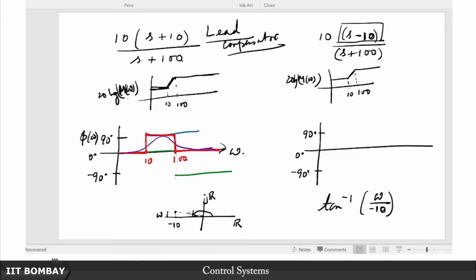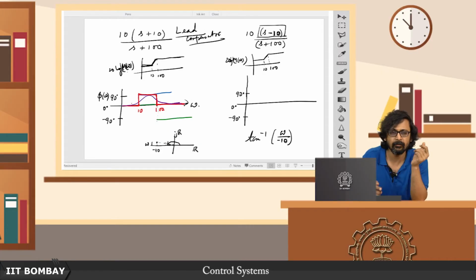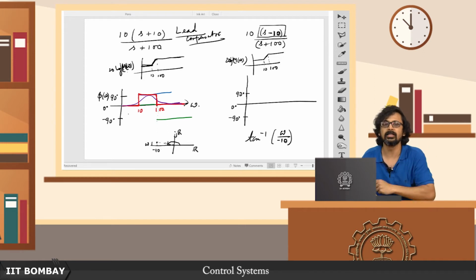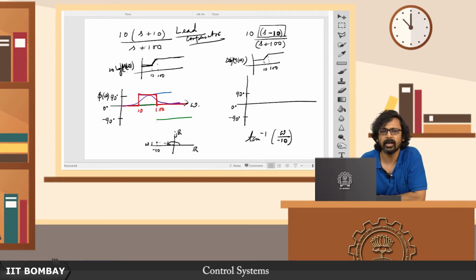So now I know the moment I have this non-minimum phase system, instead of starting from 0, that is the one big difference. Earlier, when I had a minimum phase system, I know that at the initial parts at least, it will always start at 0 degrees. Why? Because you make all of these s's 0, and you ultimately end up with a positive quantity.